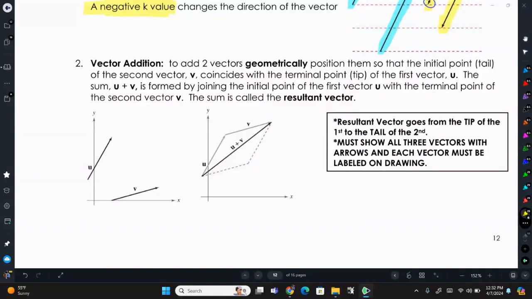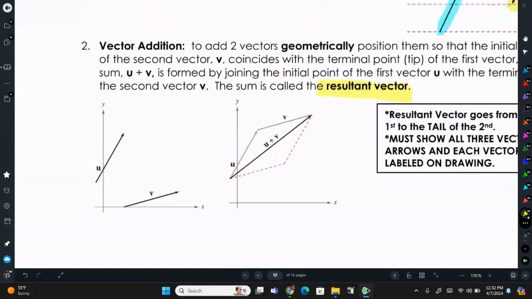So adding vectors, what we do is we position them so that the initial point, the tail of the second vector, is lined up with the terminal point, the tip of the first vector. So I call it tip to tail, like the tip of the first vector touches the tail of the second one. That sum is called the resultant vector.